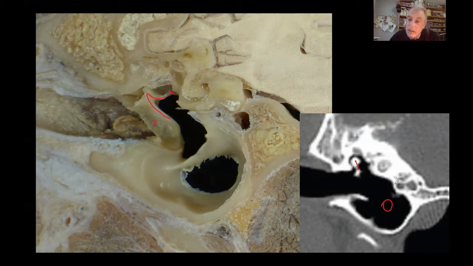Okay, what is the tensor tympani muscle? In this, we identify part of the tensor tympani muscle. So here we have the promontory. Remember that at the level of the promontory, there is the tympanic plexus, and we have talked about it in other videos.